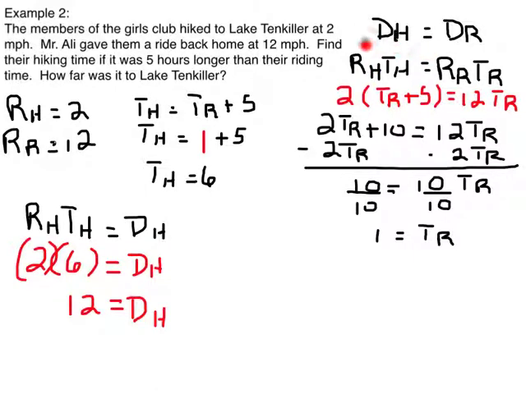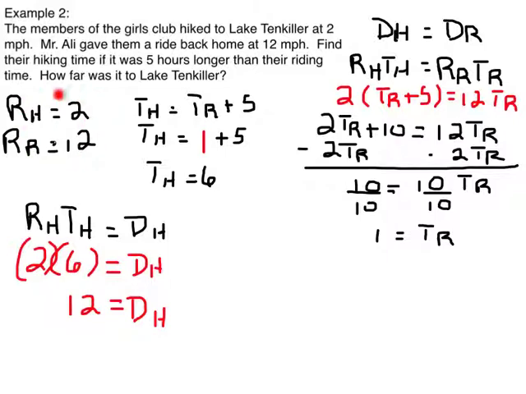We know that the distance of the hiking is equal to the same distance as the distance riding. So we can take this D and change it to RHTH is equal to RRTR. All right, let's pull out what we know. We know that their hiking rate was 2 and their riding rate was 12.